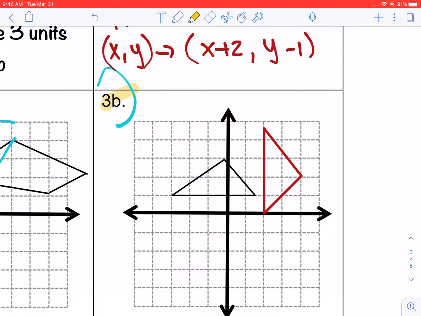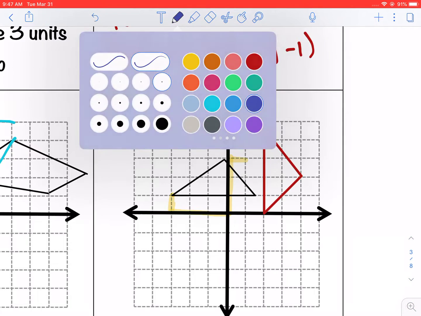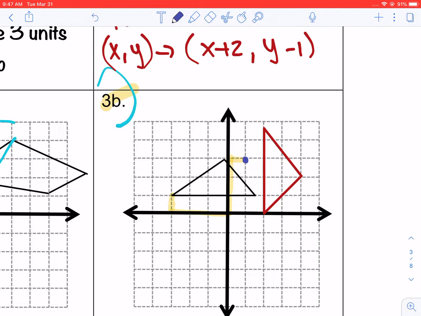So let's do that. I'm going to take this point first, and if I try to create my little arm, I'm going to go 3 units to the left, 1 unit up. So that's going to be 3 units up, 1 to the right. This is going to be my new point. Let's do the next one. Let's do this point now.